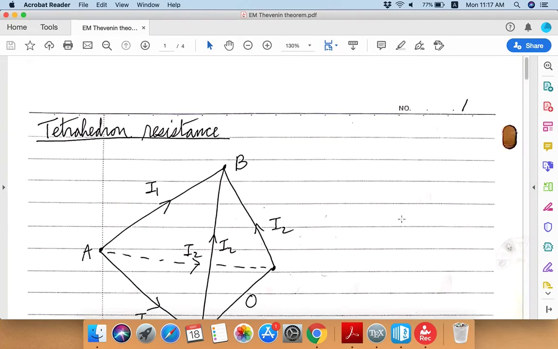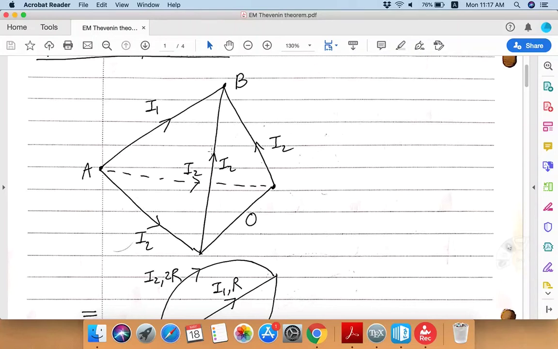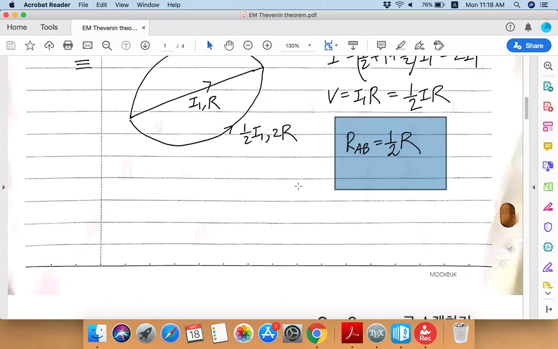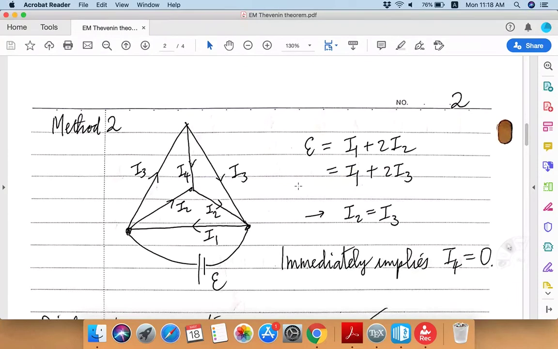So what that implies is that if you have a resistance network like this, then exactly half of the current flows directly from A to B, and the other half of the current flows through the more indirect channels. Okay, so that's a kind of fun way of reducing this tetrahedron network problem to a two-dimensional planar network problem.